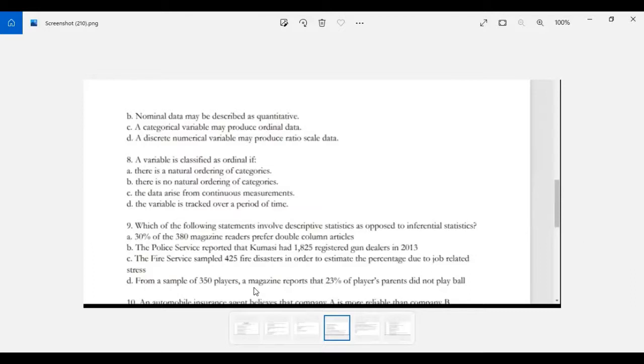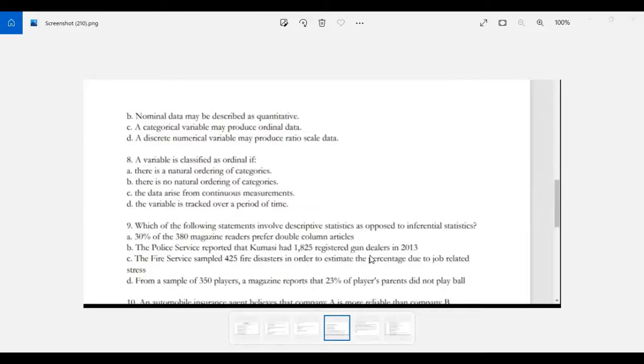Question 9. Which of the following statements involve descriptive statistics as opposed to inferential statistics? A. 30% of the 380 magazine readers prefer double column articles.